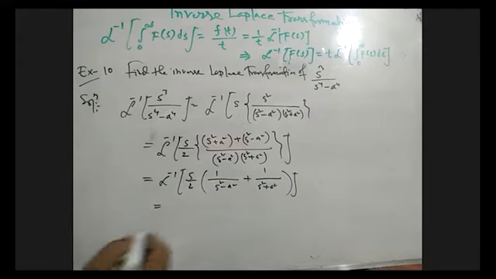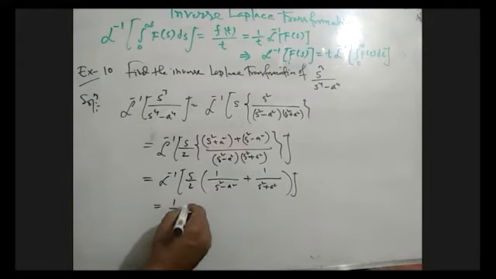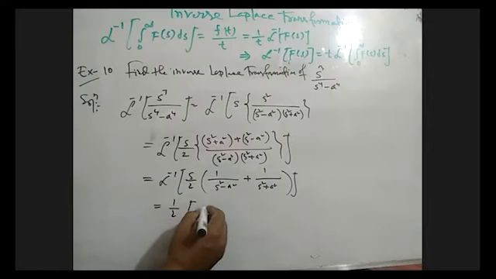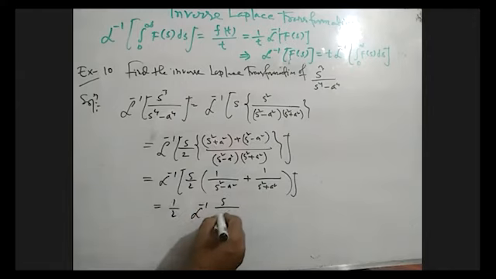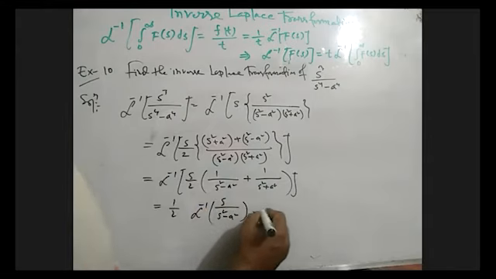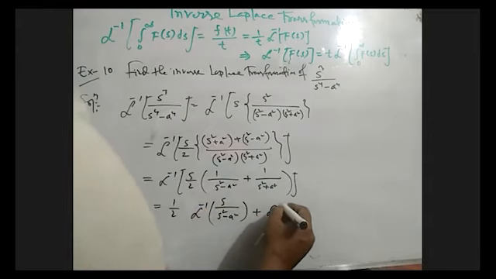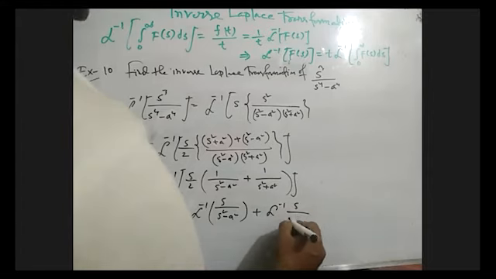So half can be taken as a common constant multiple. So inverse Laplace transformation of s divided by s square minus a square plus inverse Laplace transformation of s divided by s square plus a square.